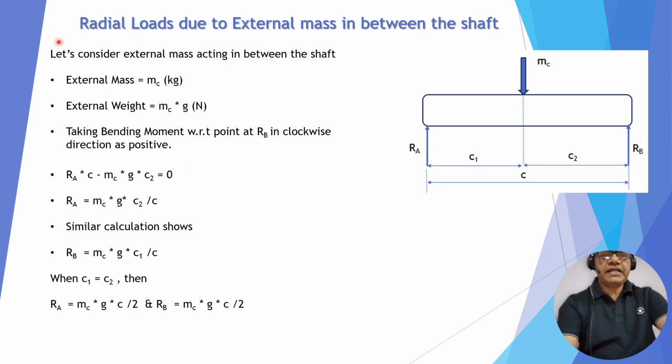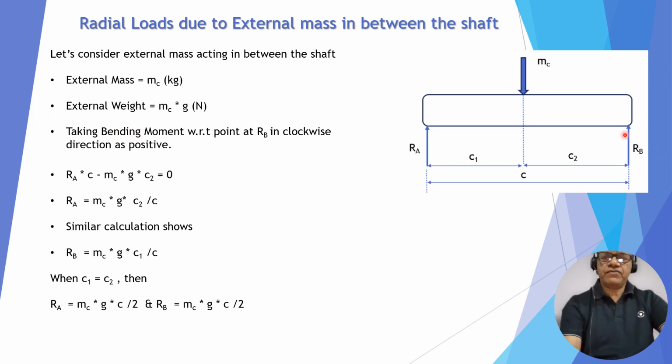Now another case, the radial load due to an external mass in between the shaft. mc is the external mass acting in between the shaft. Ra and Rb are the two bearing locations, the center distance is C, and the location of the mass from bearing A is C1 and from bearing B is C2. The external mass is mc in kg, and the weight of the external mass is mc into g Newton.